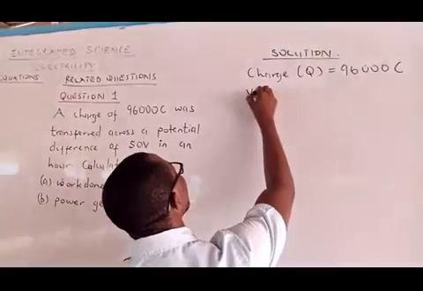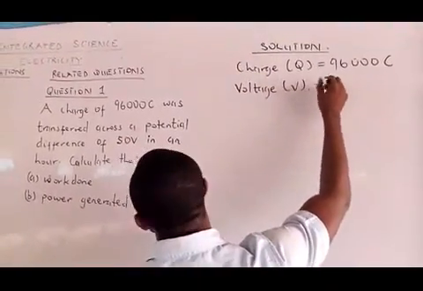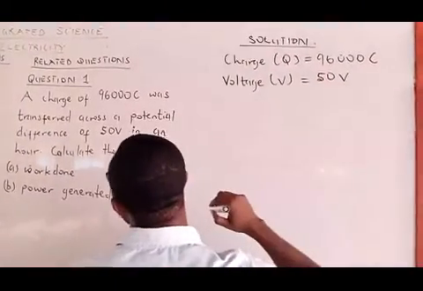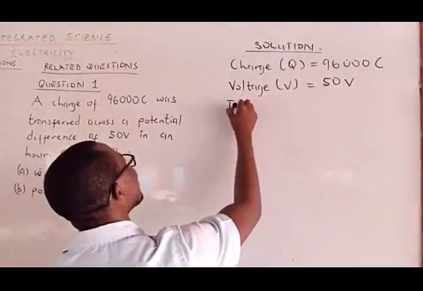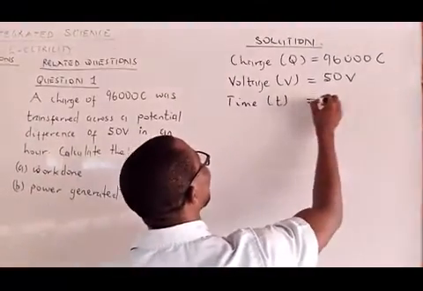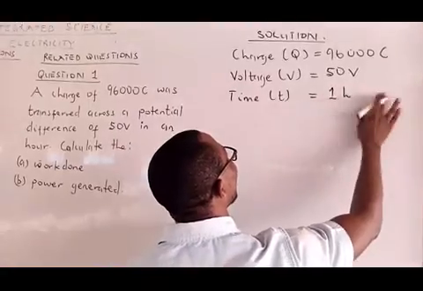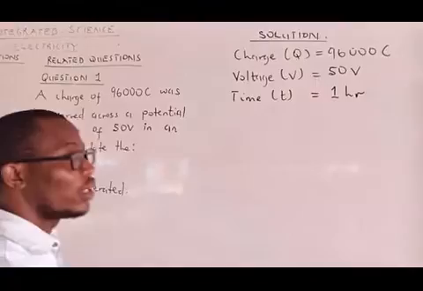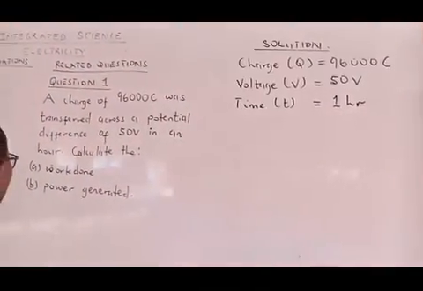So voltage V is equal to 50 volts, in an hour. So the time there is 1 hour. We're going to calculate for work done and power.